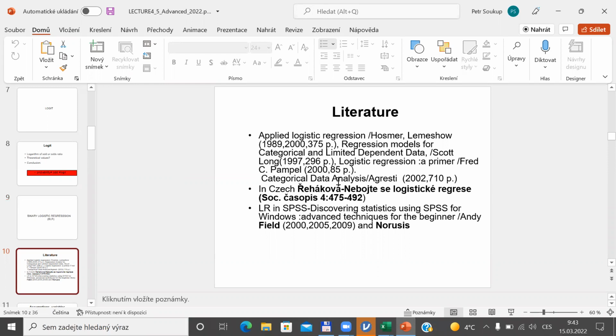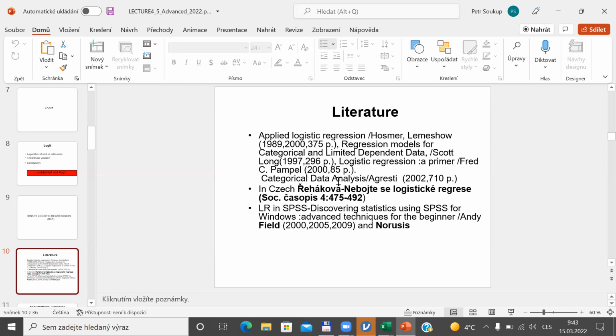One of the classics, written by Hosmer and Lemeshow, is called Applied Logistic Regression, and especially those who are interested in biology and medicine would like this book, as this is classical literature for these people.